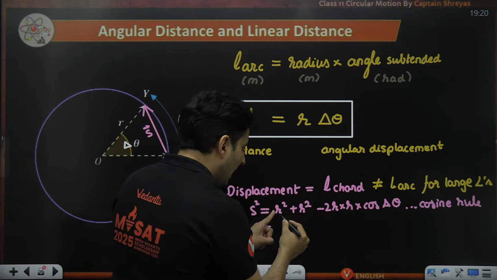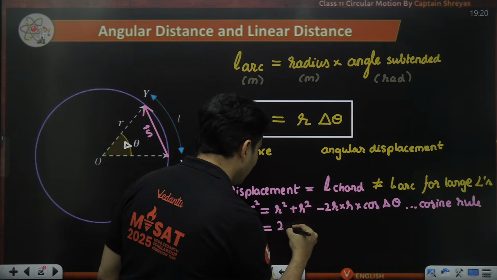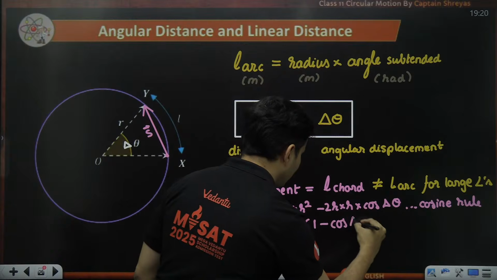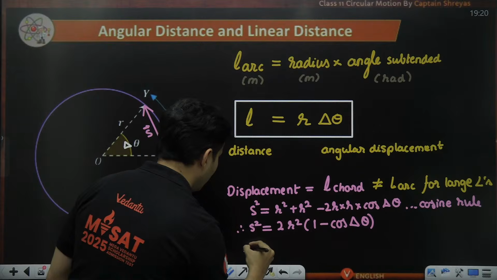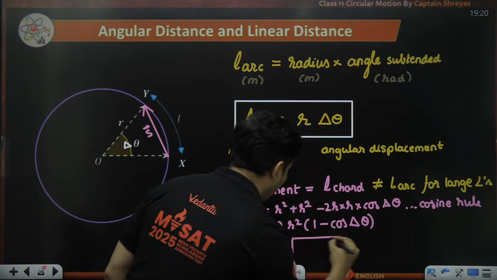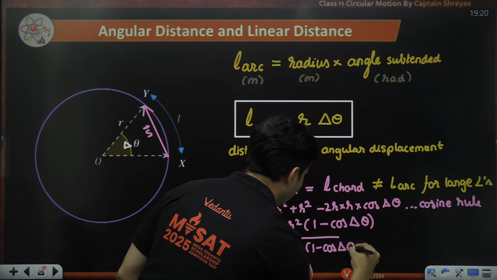So r square plus r square is 2r square, and here also you get 2r square. So we will get 2r square common: 1 minus cos delta theta. That is basically s square. Therefore, s will be r root of 2 into 1 minus cos delta theta.